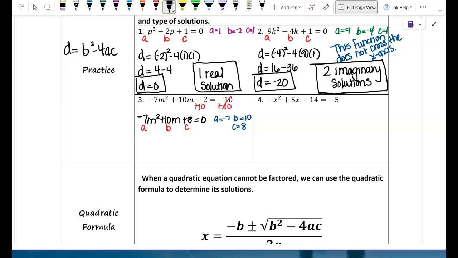Now that I have that set up, I can substitute in. So D equals 10 squared minus 4 times negative 7 times 8. So D equals 100. What is negative 4 times negative 7 times 8?